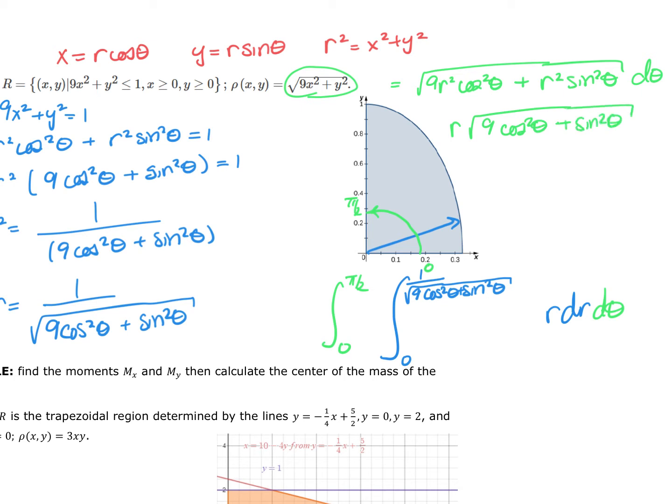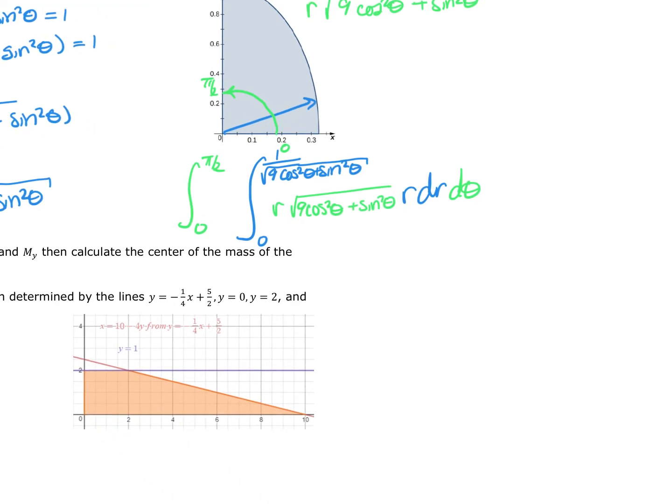And I will have a d theta. I'm just not ready for it. Okay, so this brings in an r, the square root of 9 cosine squared theta plus sine squared theta.